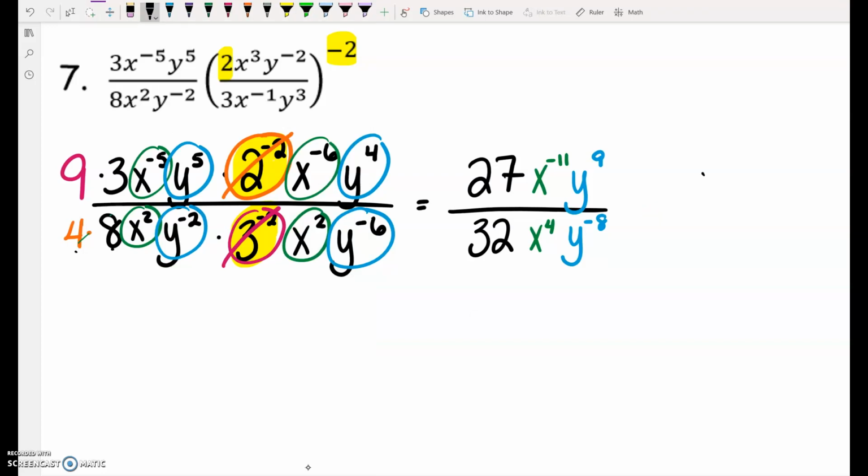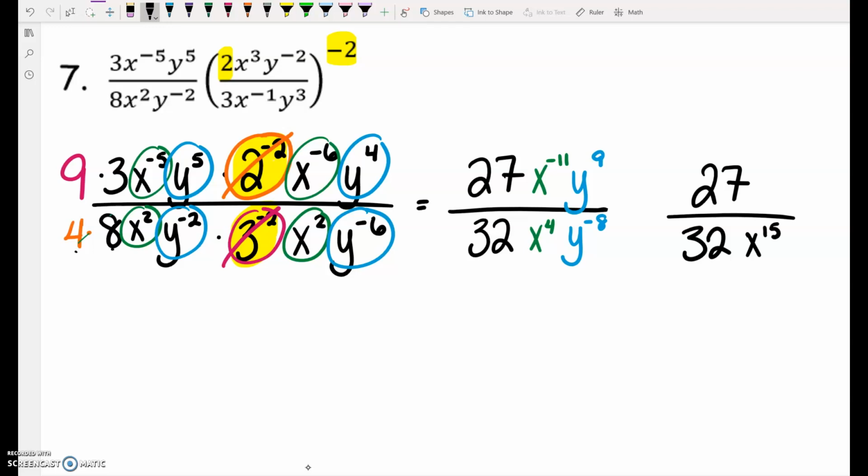But the x's. And again, there are multiple ways that you could do this. You could move the 11 x's to the bottom, and then it's x to the 11th, x to the 4th. That would be x to the 15th on the bottom. Or you could do negative 11 minus 4 is negative 15, so you have x to the negative 15th on the top and then move that to the bottom.